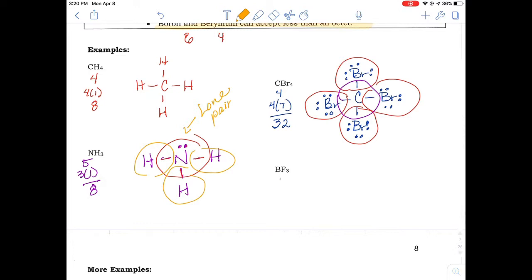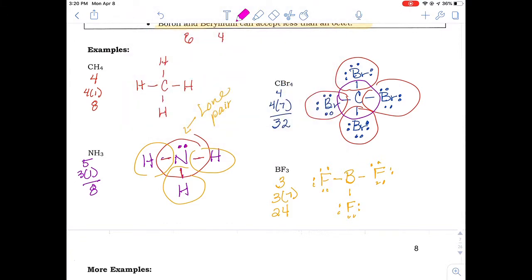Boron trifluoride. Boron has 3 outer shell electrons. Each fluorine has 7. So that's 21 plus 3 is 24. Boron's bonded to 3 fluorines. 2, 4, 6. I have to go to 24. 7, 8, 9, and so on up to 24.